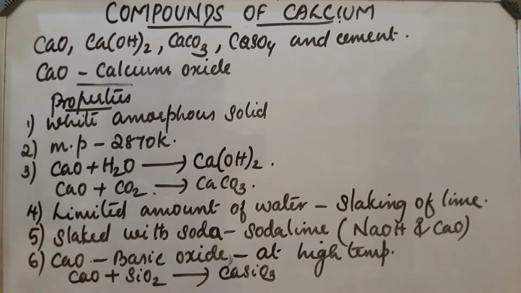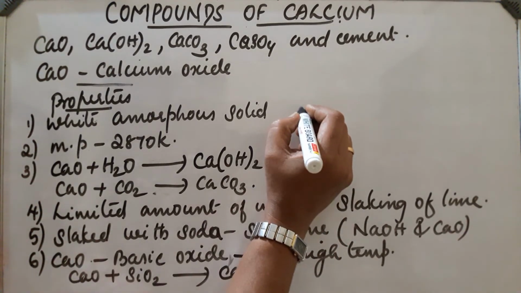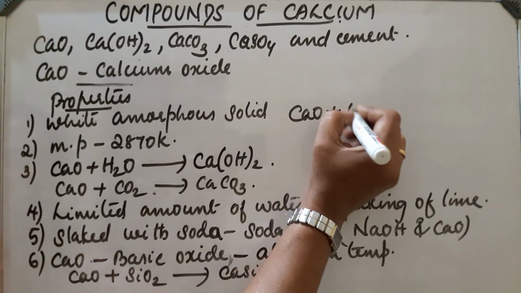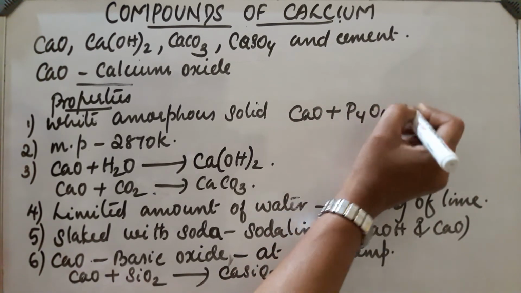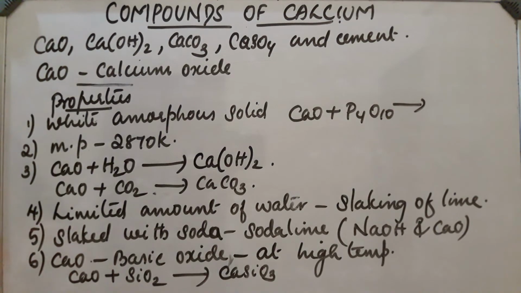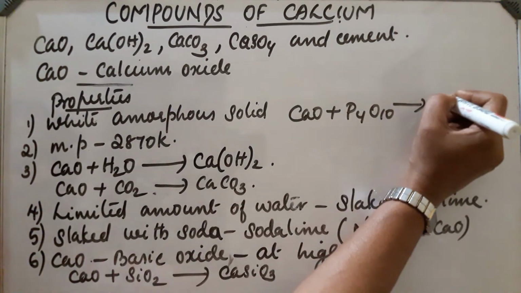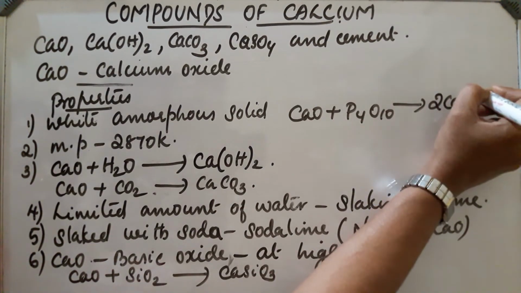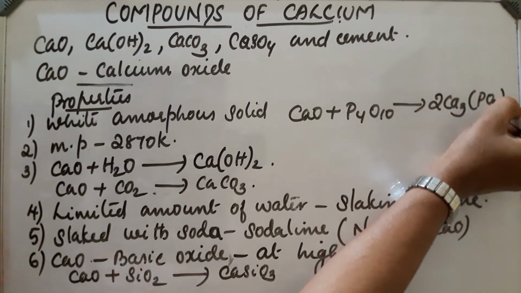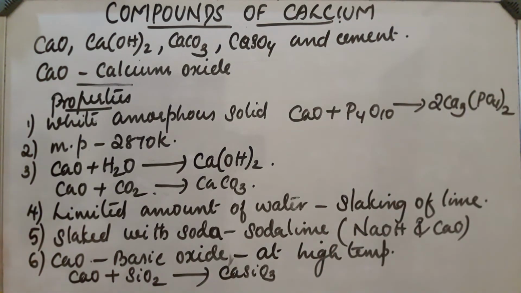It also reacts with phosphorus pentoxide, CaO plus P4O10, and the product obtained is calcium phosphate, Ca3(PO4)2.